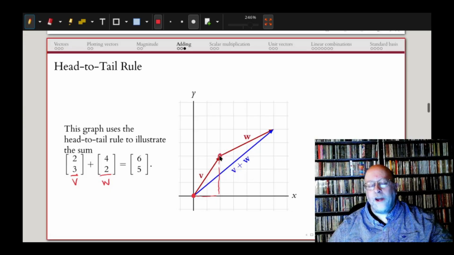And then starting at that point, and not going back to the origin, but starting where v left off, we'll travel along the vector 4, 2. 4 units to the right and 2 units up, and that's where w takes us. And so combined, v and w together takes us from the origin all the way to this point, which is 6 units over in the x direction and 5 units up in the y direction. And so this is the vector 6, 5.